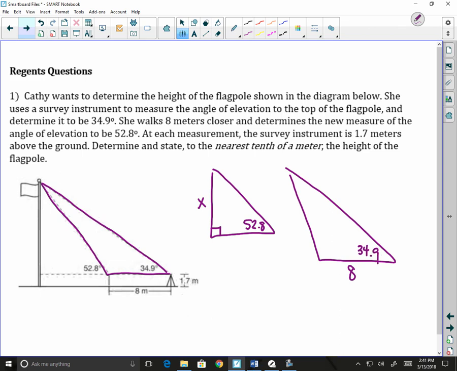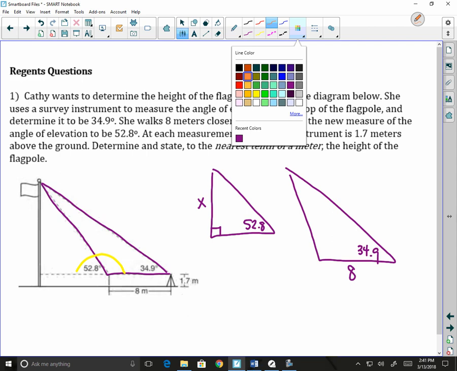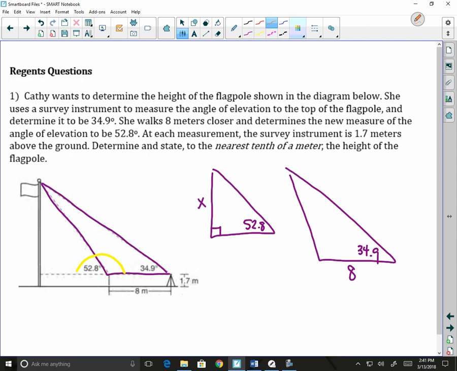I know that these two angles together are supplementary. So if I subtract 52.8 from 180, I get 127.2. And if I keep going, I know that all triangles are 180. So if I subtract 127.2 and 34.9 from 180, I get 17.9.